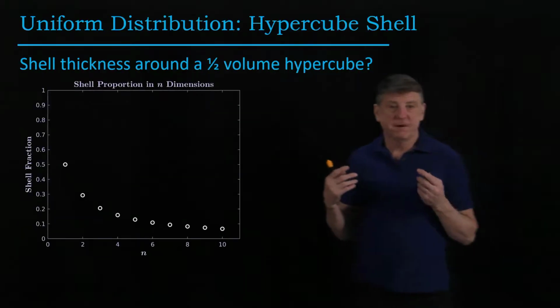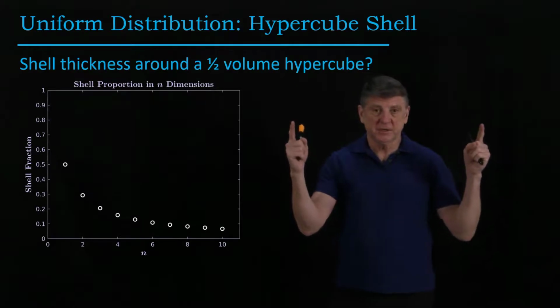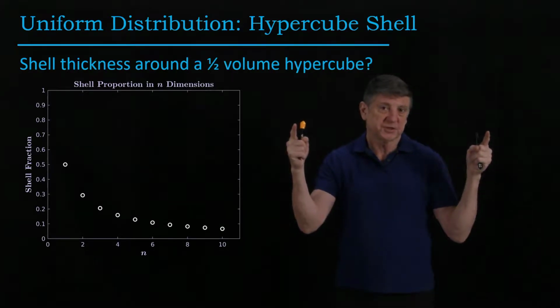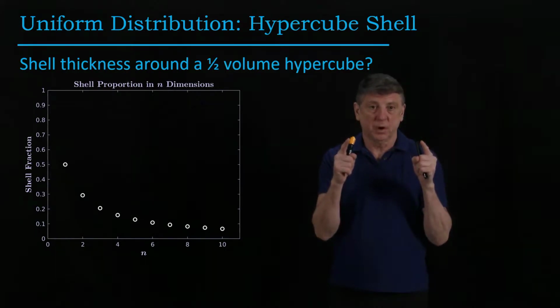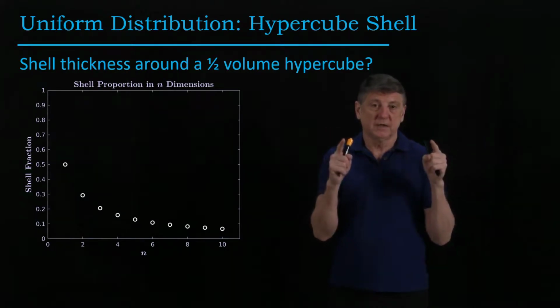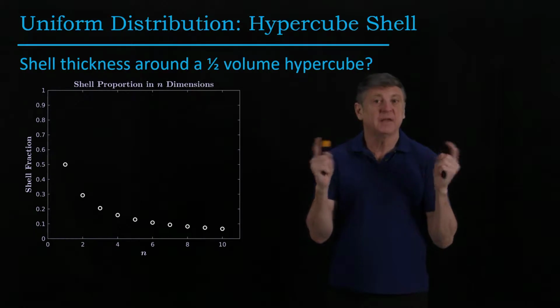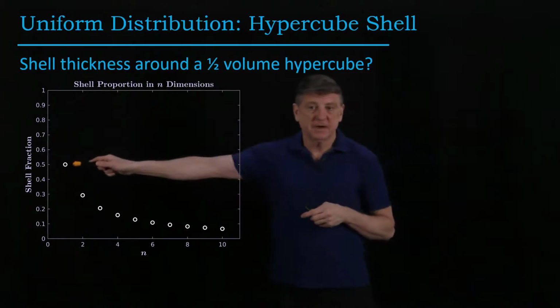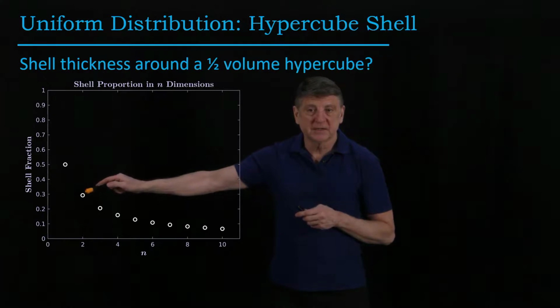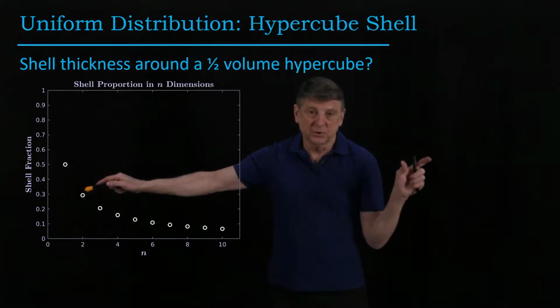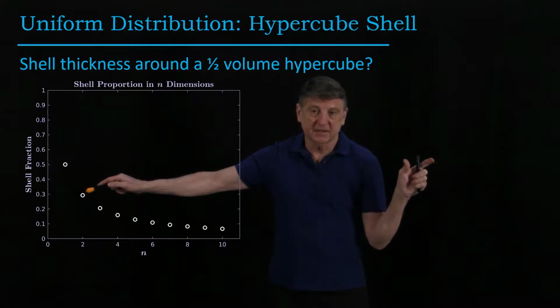What I find is that in one dimension, the hypercube, which is just a line segment, has a width of 2. D would have a width of 1. 2 minus 1 is 1, divided by 2, is 0.5, and sure enough, I get 0.5. As I go into 2D, the thickness drops to about 30% of the size of the unit length of each edge of the hypercube.